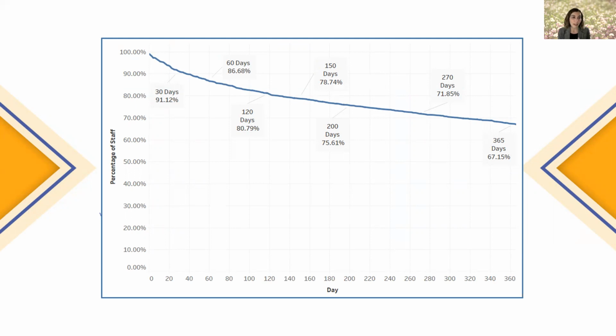So here you can see that at 30 days, about 10% of the workforce has left, but by the time you reach 1 year, only 67% is still employed. So this is really going to tell us agency-wide where the organization is standing. What this allows us to do is not only understand where they're at, but it also establishes a baseline when we look at other characteristics in comparison, which I'll have an example of in just a short bit.